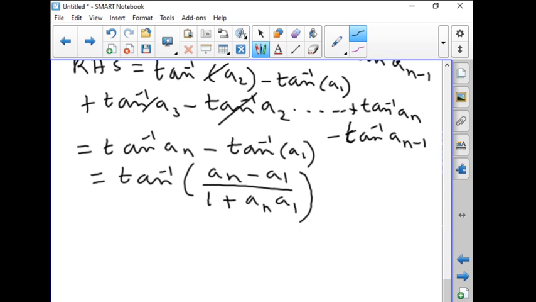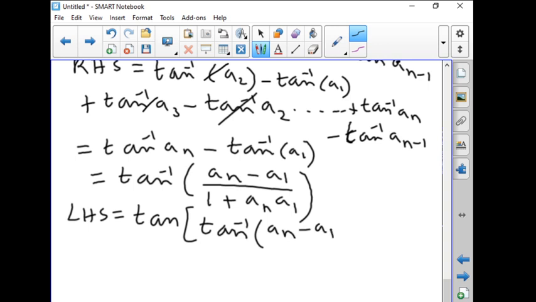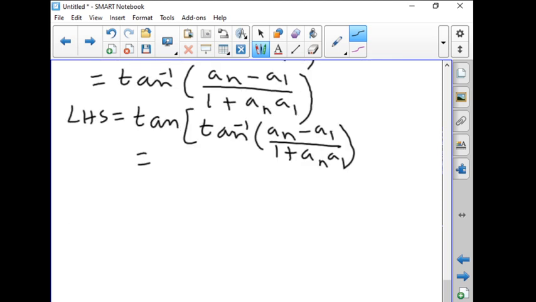Now the left hand side will become tan of tan inverse of An minus A1 by 1 plus A1 An, and that is equal to An minus A1 by 1 plus A1 An.